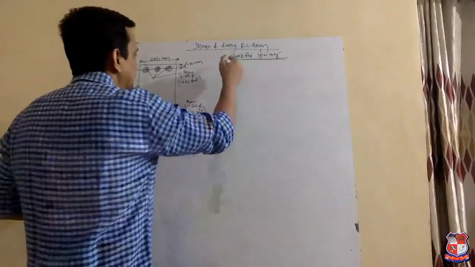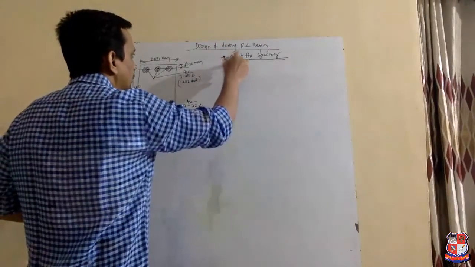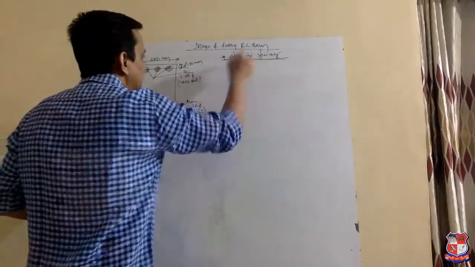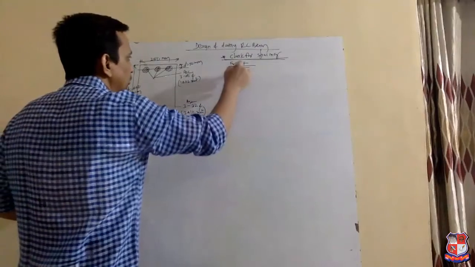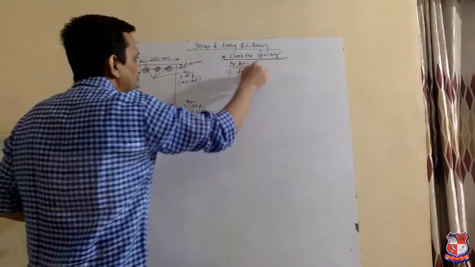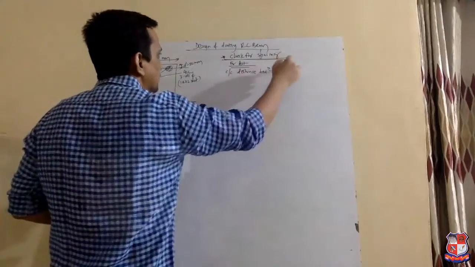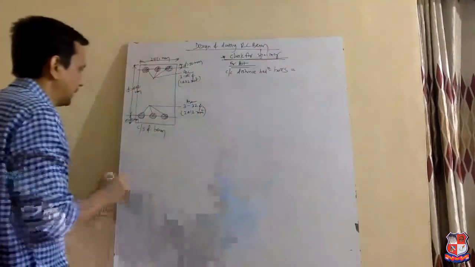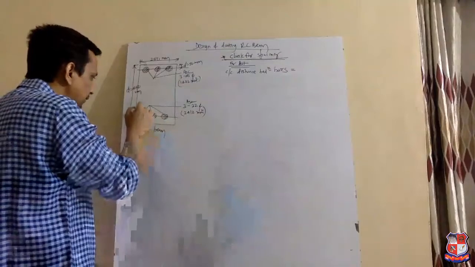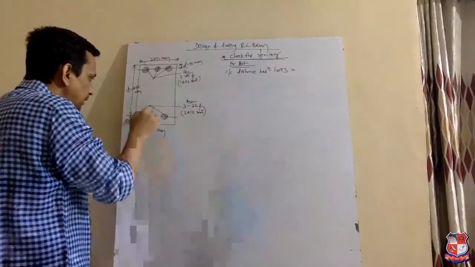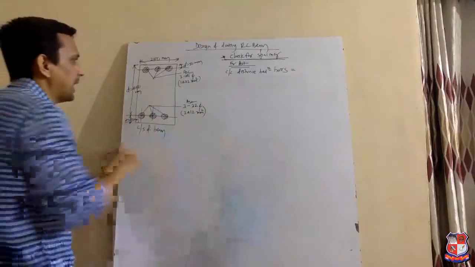So for that, just take Ast, center to center distance between bars is equal to, right? So first we need to find the center to center distance between bars.